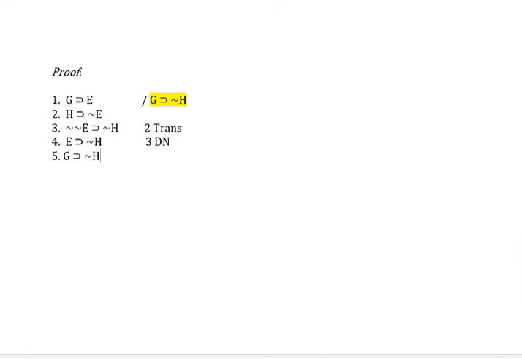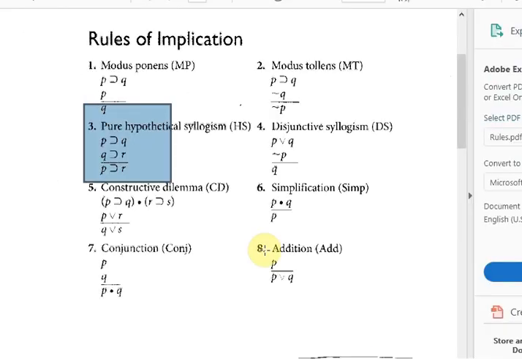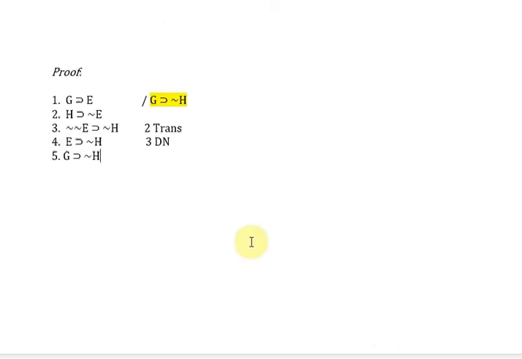Our R here, from the form, is the not H, right? Our R is that one there. And so we can get if P then R, which in this case is our if G then not H. And that is what we were trying to prove. So we have completed the proof. We have to cite that very last step, which remember is lines 1 and 4, HS for hypothetical syllogism. Okay, so that's it for this one.